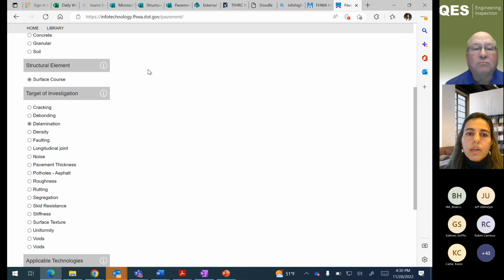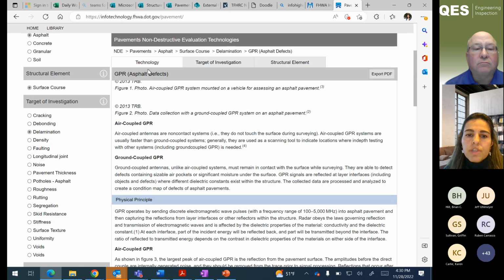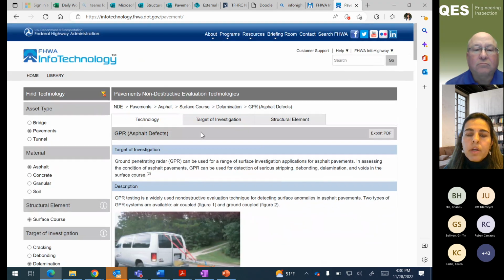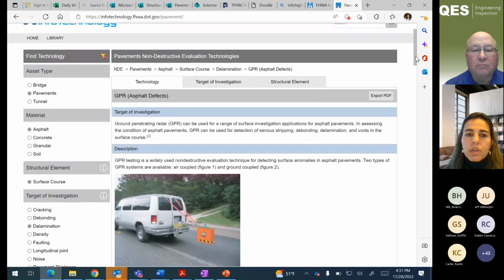If you click on one technology, for example, GPR, you see there are 3 tabs here. The first tab talks about the technology you selected, GPR. It starts with the target of investigation, like what GPR can detect.